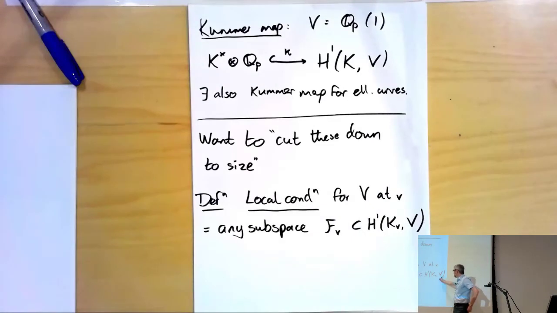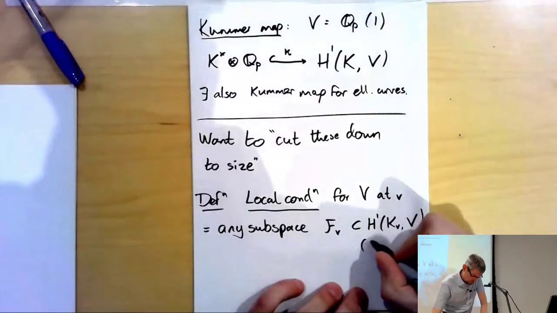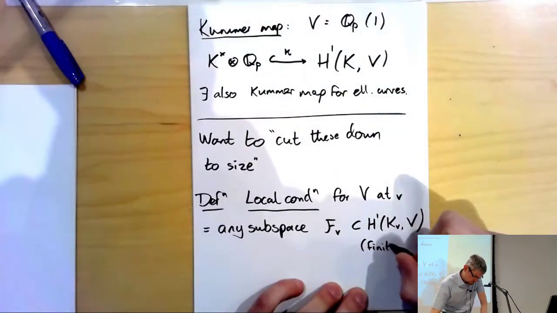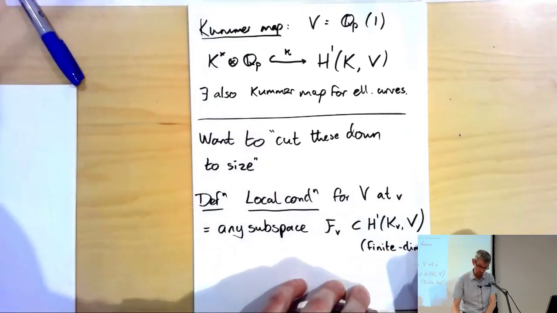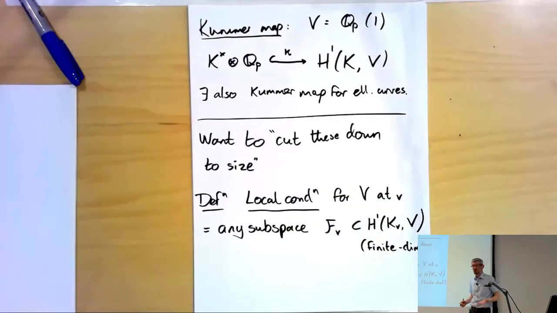And these groups, the cohomology for the local Galois group, are finite dimensional. So we're going to cut our cohomology groups for the global group down to size by looking only at things that land in some nice subspaces when you localize them at every prime.